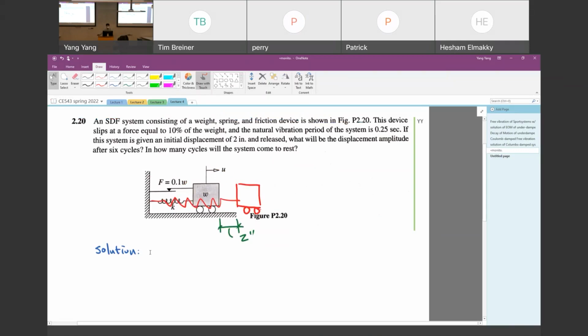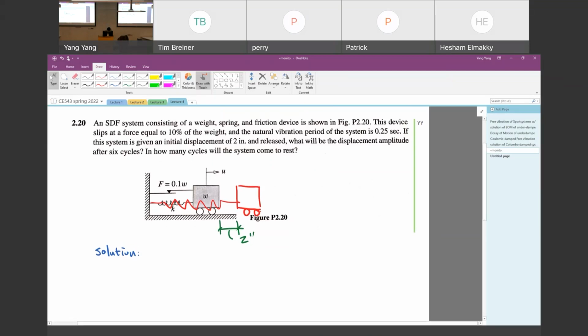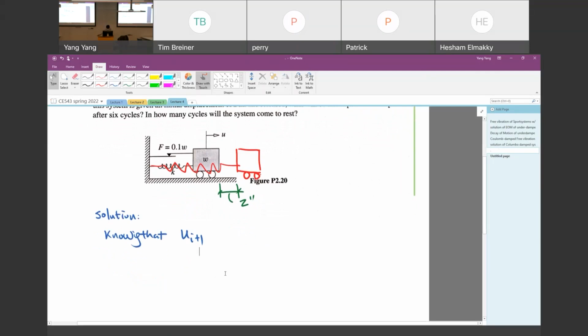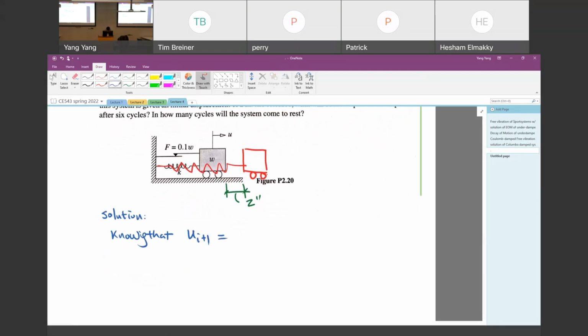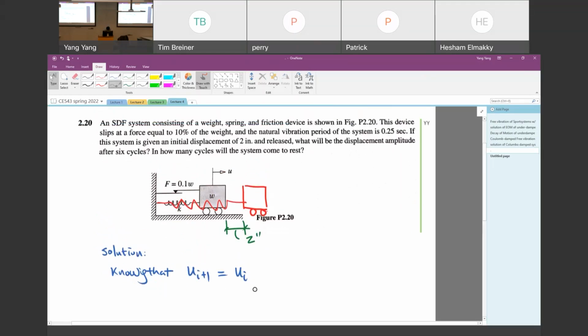So what is the difference between... so we know that the peak displacement value at the i+1 cycle is equal to its previous cycle minus four times that. That's a conclusion we made.